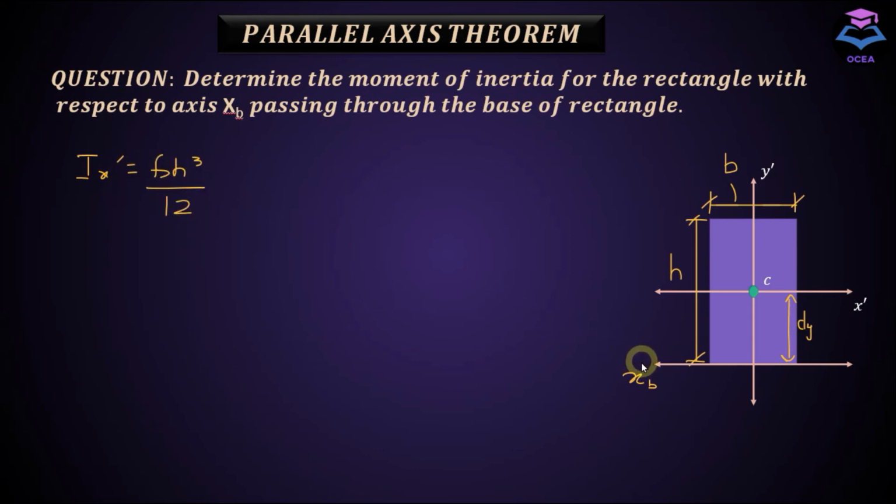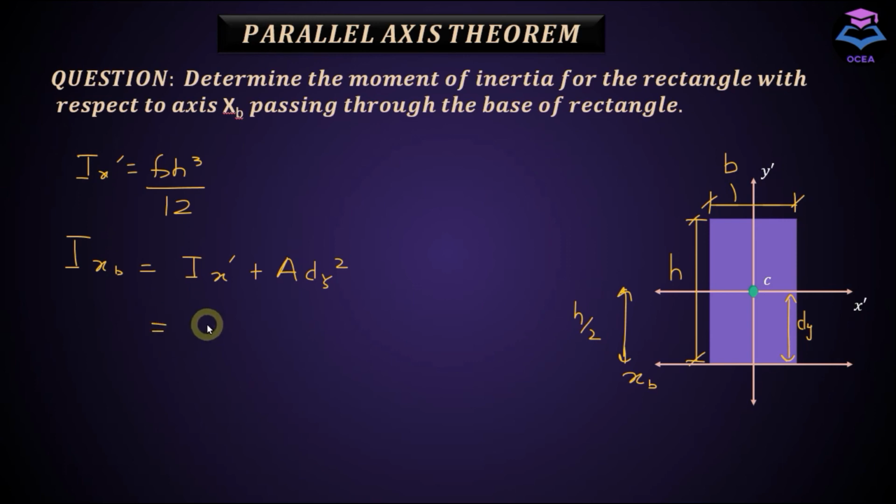Now we are going to use the parallel axis theorem to determine moment of inertia about this axis. So moment of inertia about this xp axis is Ixp equal to Ix dash plus A dy square. And dy in this case, the perpendicular distance between these two axes, is equal to h by 2.